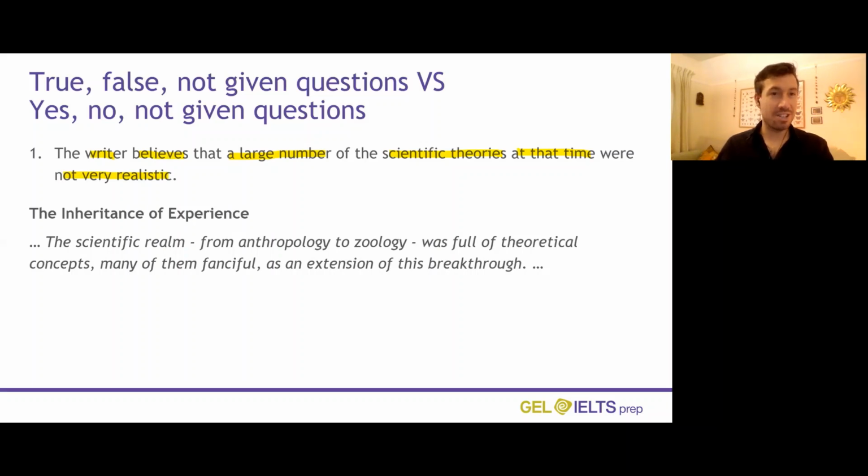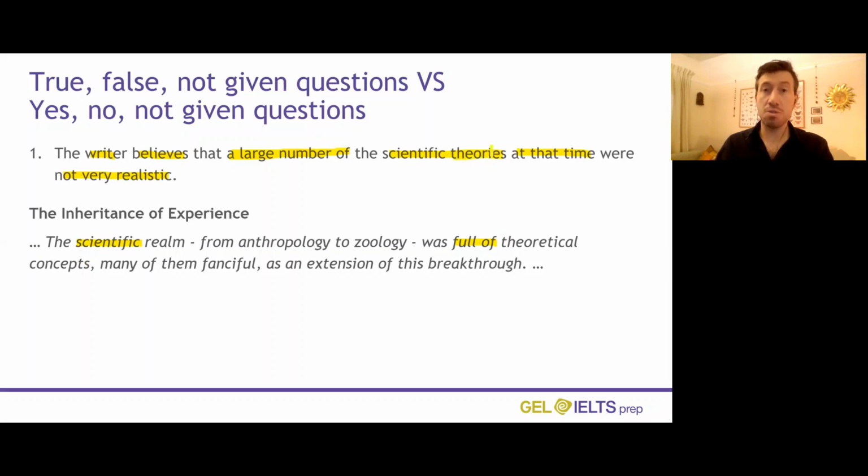Okay, let's look together. So this is written from the writer's perspective. So the writer believes this, it is their opinion here. So we have to see that a large number of scientific theories at the time were not very realistic. So it says the scientific realm, okay, the scientific theories, from anthropology to zoology was full of, okay, so a large number of, that's the same, theoretical concepts or theories.